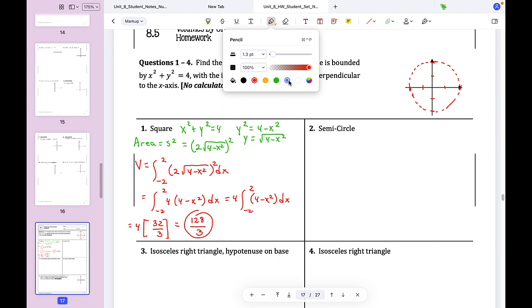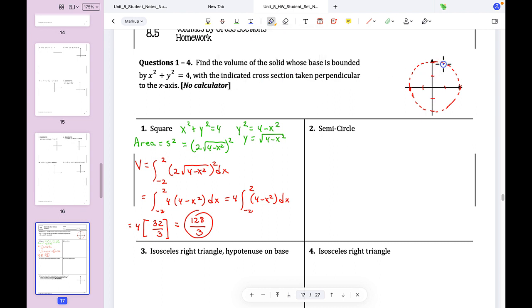This time I am using semicircles. The area of a semicircle is 1/2 pi r squared.